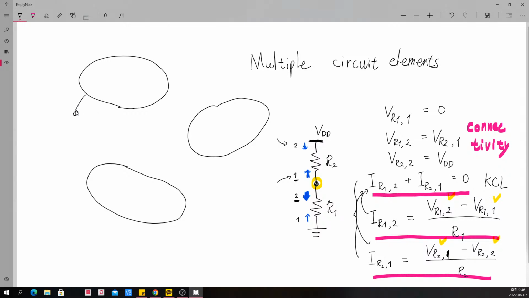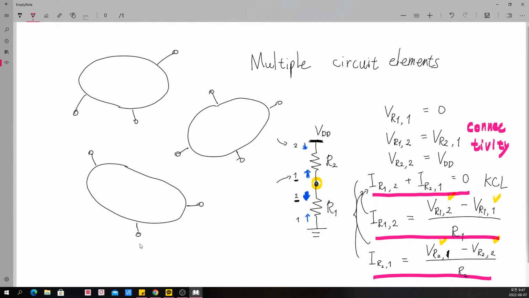For example, here 1, 2, 3, 1, 2, 3, 4, and 1, 2, 3. So there can be multiple circuit elements, and each circuit element can have multiple terminals, and the number of terminals is not fixed, and their termination can be quite general.